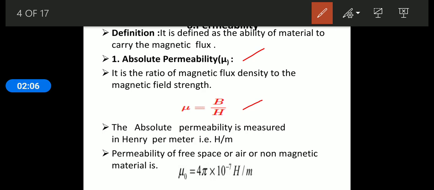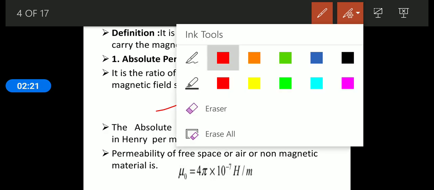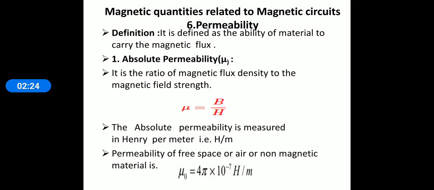That is, mu equals the ratio of magnetic flux density to magnetic field strength. Absolute permeability is measured in Henry per meter, that is H/m.